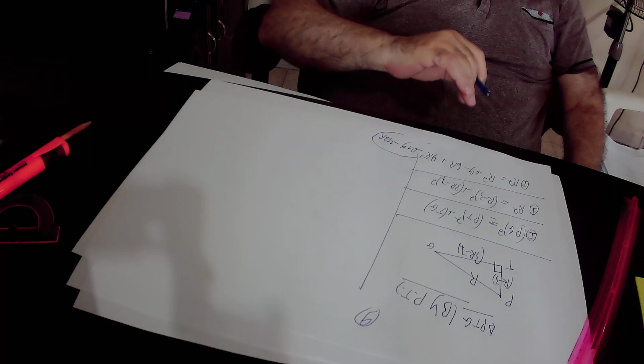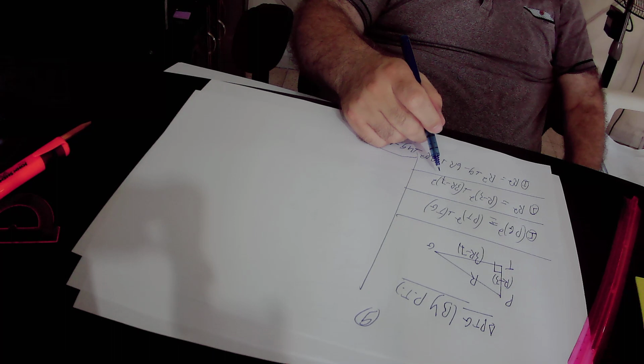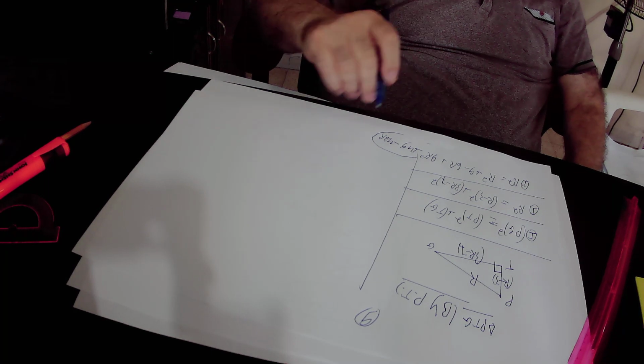According to the algebraic identity, (a plus b) squared equals a squared plus b squared plus 2ab, and for a minus b it is minus 2ab.